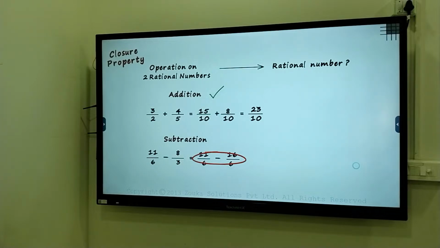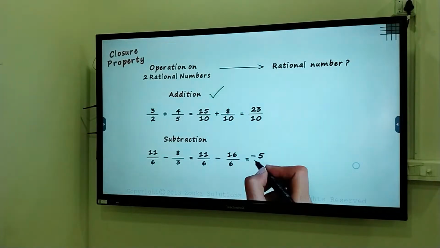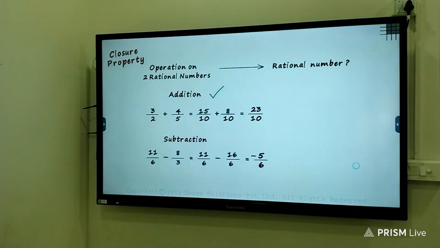Subtracting the numerators over the denominator gives us minus 5 by 6 as the answer. This too is a rational number. No matter what numbers you take, subtraction of two rational numbers will always result in a rational number. The closure property is therefore satisfied for subtraction of rational numbers as well.